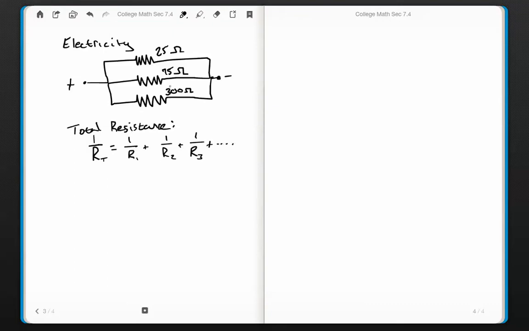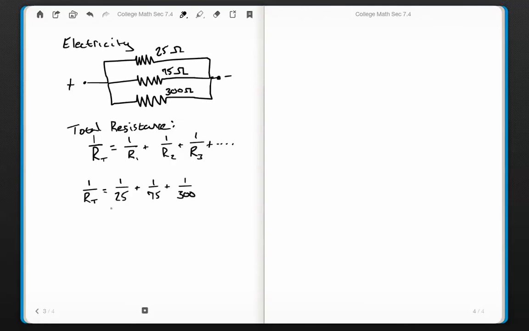But we only have 3, so we'll only do 3. So we have 1 over our total equals 1 over 25 plus 1 over 75 plus 1 over 300.